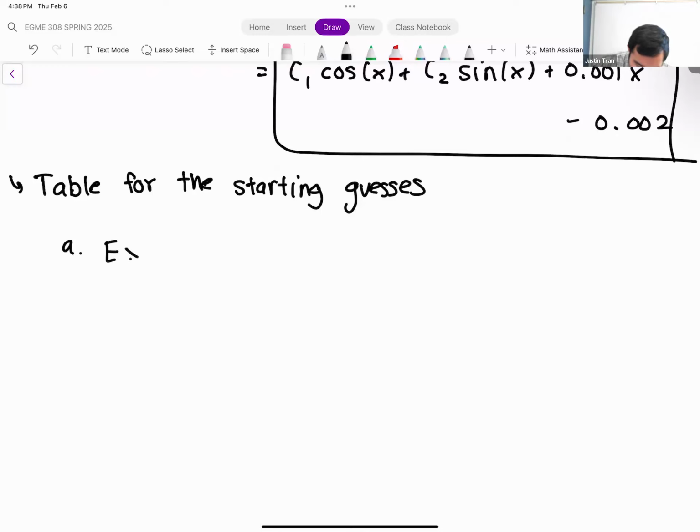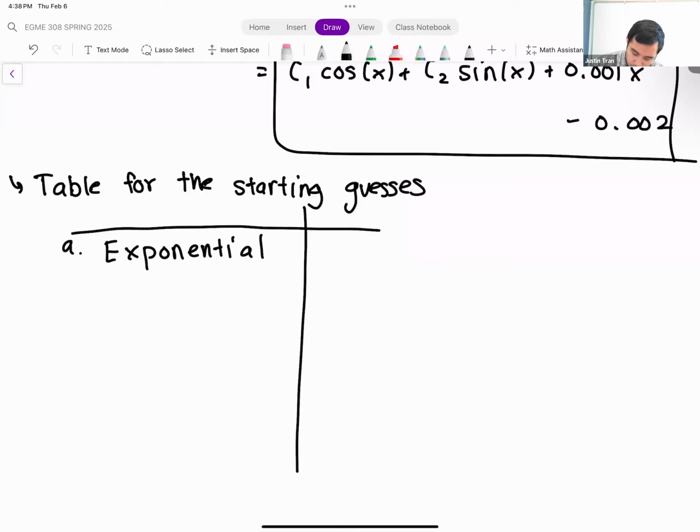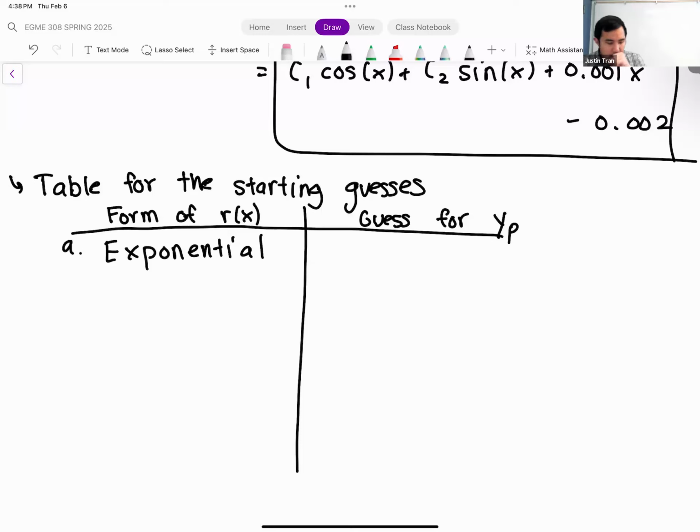First we have the exponential function. On the left-hand side, we have the form of R of x, and on the right-hand side, we have the guess for YP.